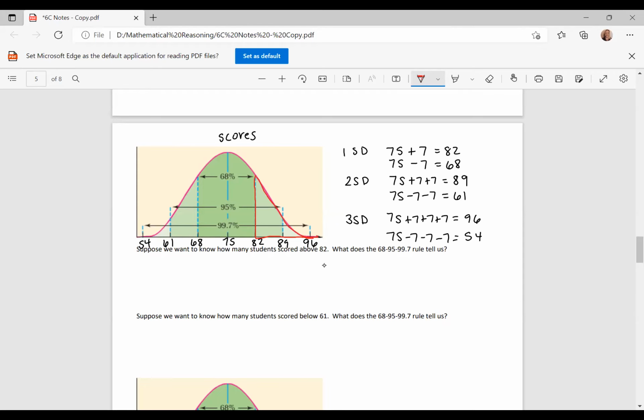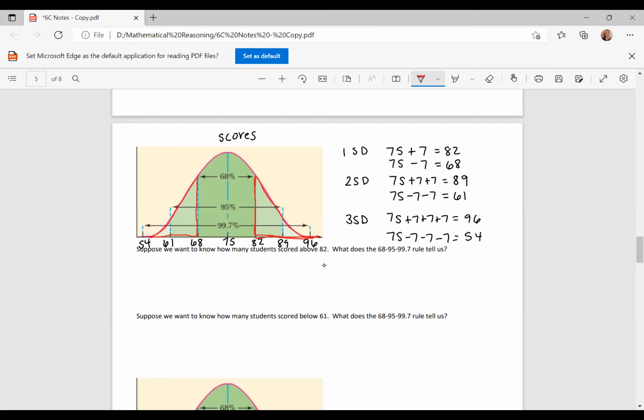What do I know about this little section of this tail? One thing I know is that if I am asked to include this section here, these two little end tails, the only people I would have taken out were the middle that are 68.